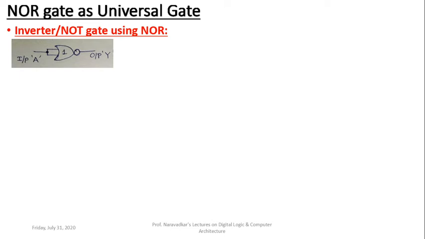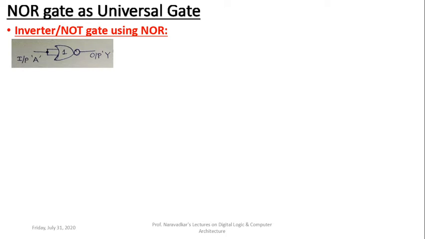So here is the design where both the inputs of that NOR gate are shorted together, and this will form that input which is shown by variable A, input A. And the output which is shown on the right side is output Y. Of course, as I stated earlier, any variables can be used to define the inputs and outputs here. I am using input A and output is Y.